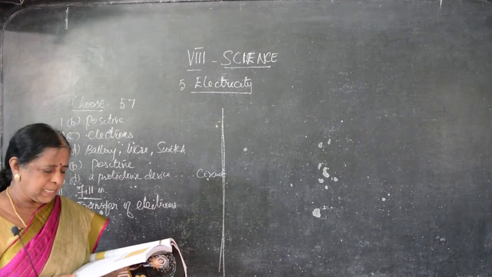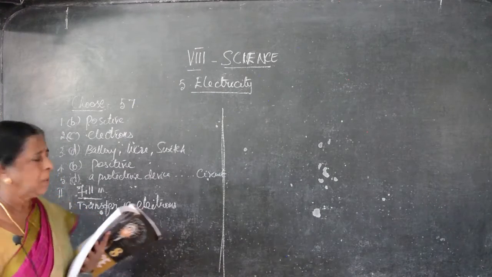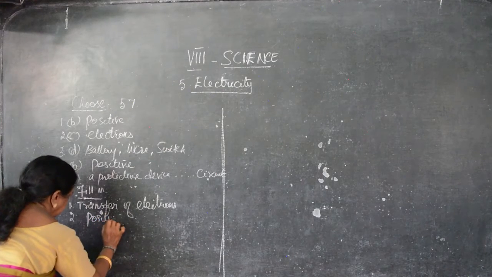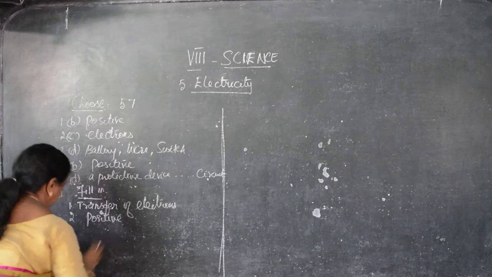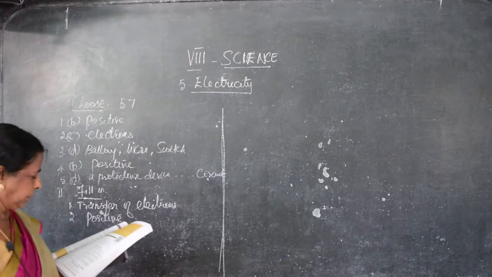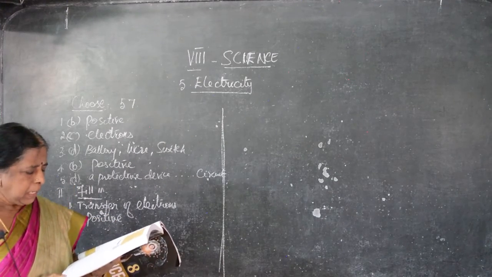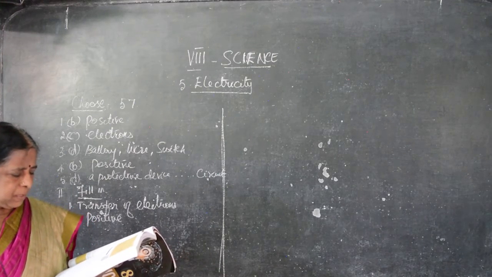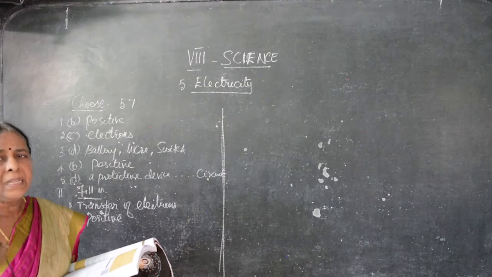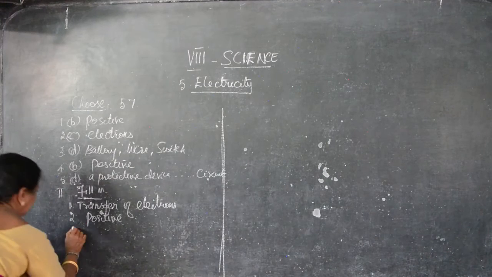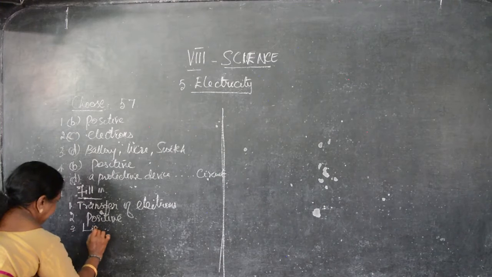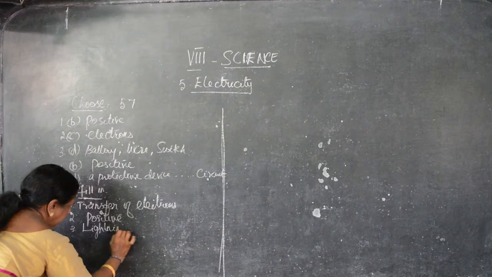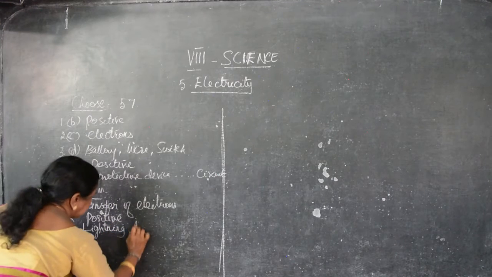The body which has lost electrons becomes positive. Dash is a device that protects building from lightning strike. What's the answer for that? Lightning arresters. Third one is lightning arresters.